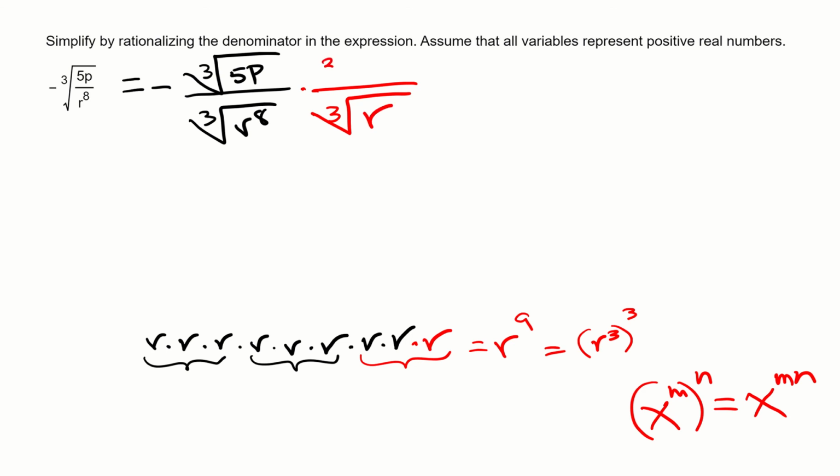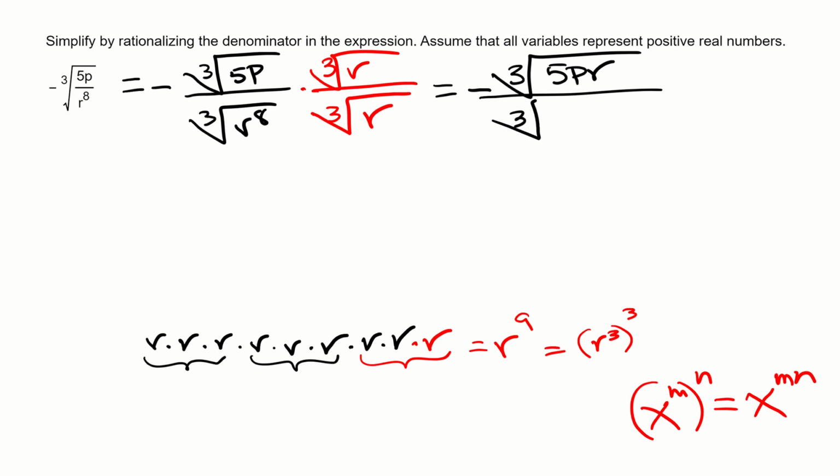And of course, whatever we multiply the denominator of a fraction by, we'll have to multiply the numerator by as well. So doing that will give us, don't forget the negative to begin with, the cube root of 5pr on the top, and down below we get the cube root of r to the 9.